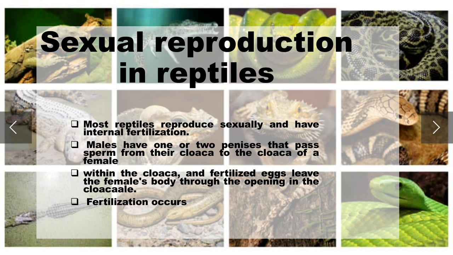Sexual reproduction in reptiles. Most reptiles reproduce sexually and have internal fertilization. Males have one or two organs that pass sperm from their body to the female body, and then fertilization occurs.